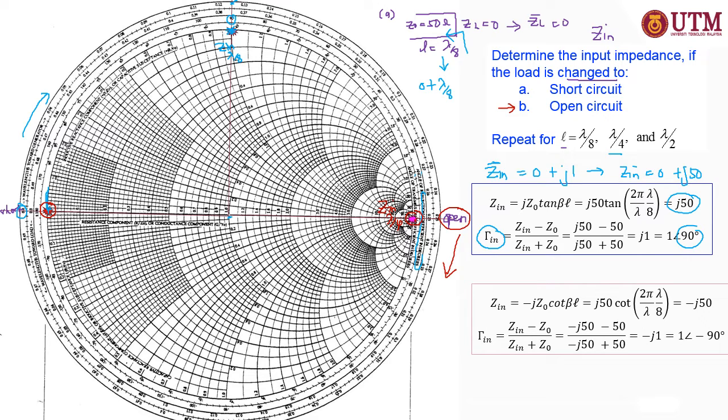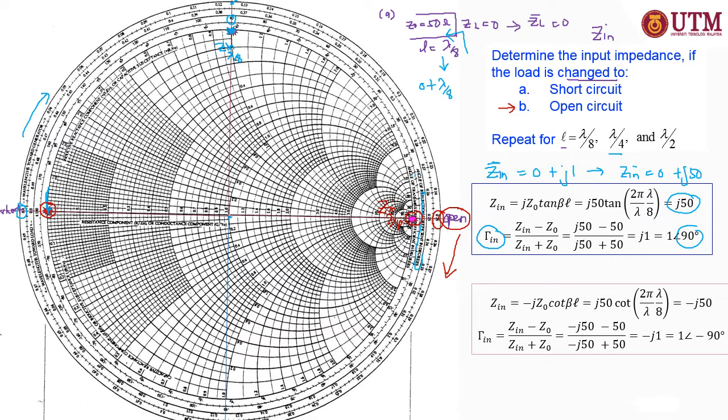So if it is lambda over 8, at this point, towards the generator, it's 0.25 plus lambda over 8, then you get your 0.25 plus lambda over 8. So I can't see the scale clearly, but it's 0.375.